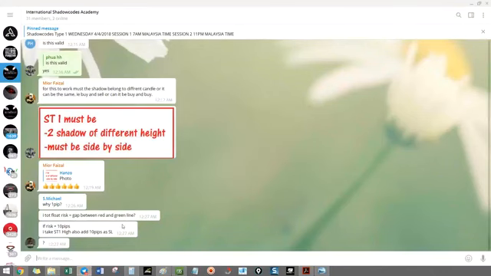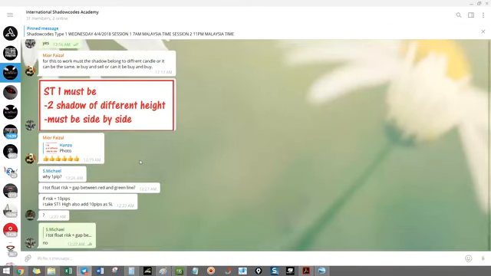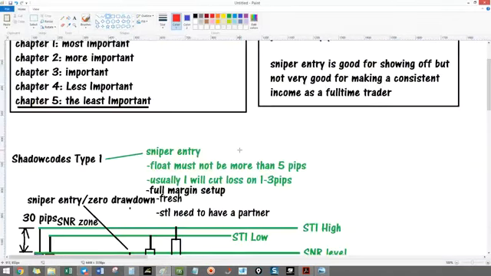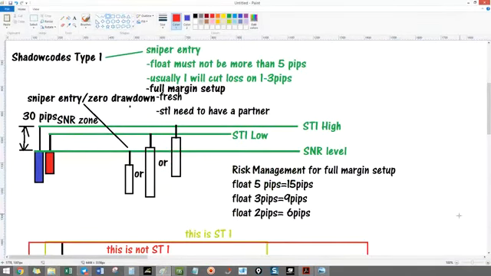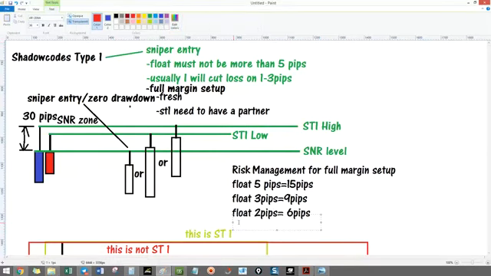Why 1 pip? I thought float risk is the gap between the red and green line. No. If risk is 10 pips, I take ST1 high, also add 10 pips SL. For example, we take this one. Which one do you want, float 2 pips or 1 pip? I will go with my style. Float 1 pip equals loss of 3 pips.